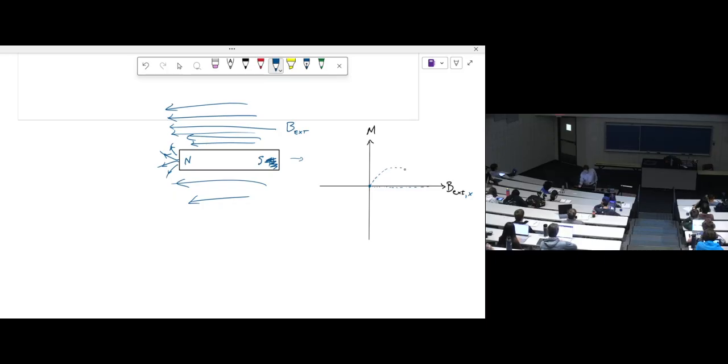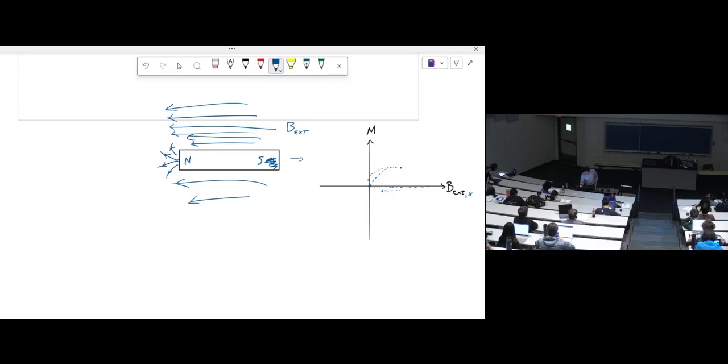It hits an asymptote. Well, then you can start cranking down your magnetic field strength again to where you get to this point, and as I start walking back this way, my magnetic field strength is still to the right, but it's getting weaker and weaker. It starts dropping off to where your external magnetic field is 0, but your material is still magnetized.